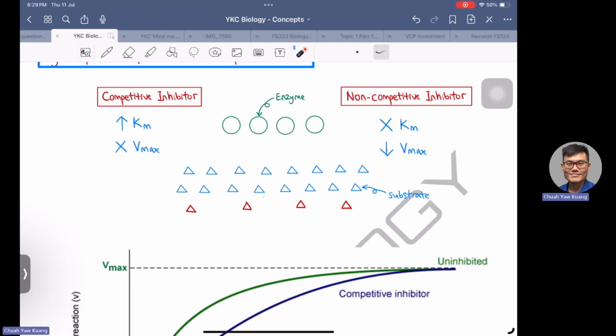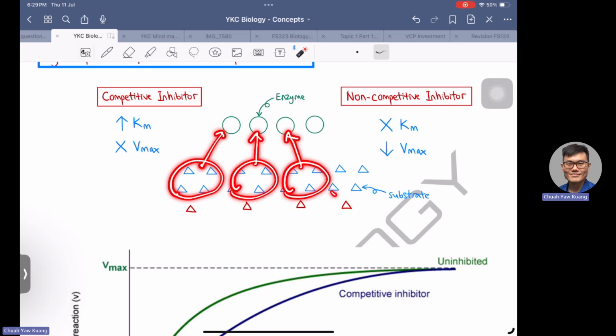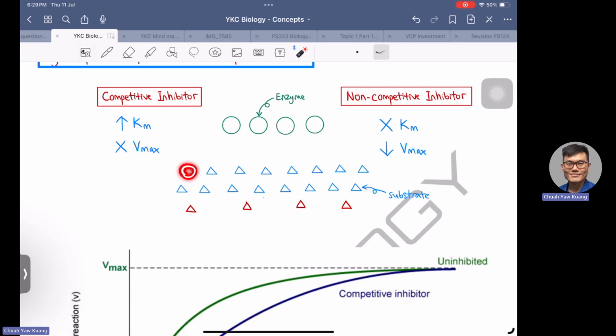Before adding the competitive inhibitor, the chance of the substrate binding to the enzyme is 100%. Although the substrates will compete with each other to bind to the enzyme, no matter which substrate binds to the enzyme, it is always a substrate binding to the enzyme.